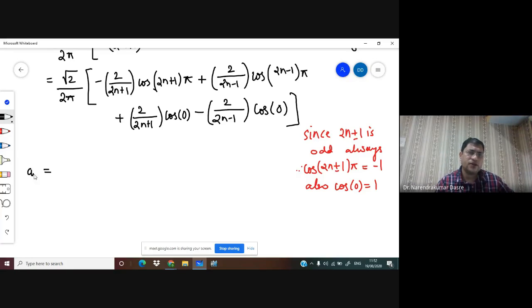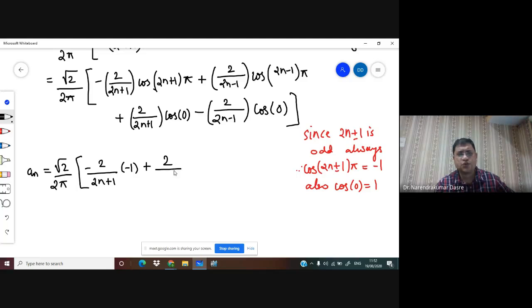So we can write this as a_n is equal to root 2 upon 2π, this is minus 2 upon (2n+1) into minus 1, plus 2 upon (2n-1) into minus 1, this term, plus 2 upon (2n+1), minus 2 upon (2n-1).